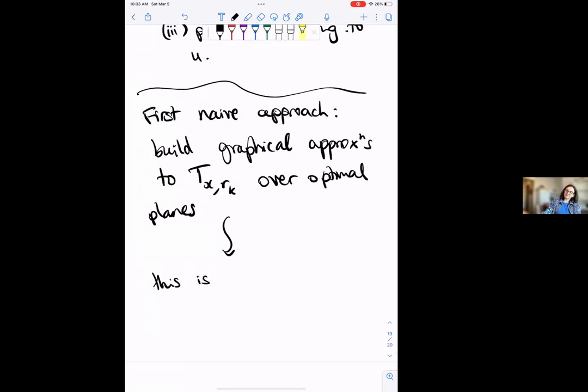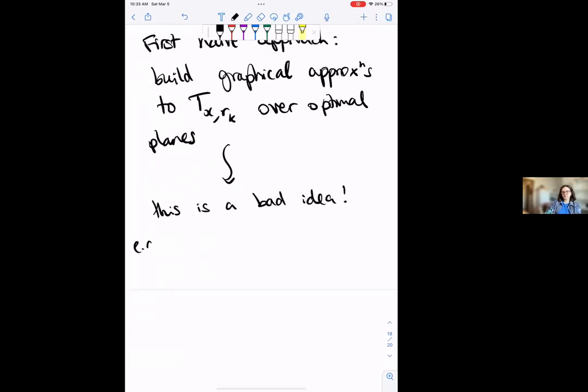Why is that? Well, consider the following example. You take the surface induced by this two-dimensional holomorphic subvariety, where the two is in real dimension, not complex, coming from the following.